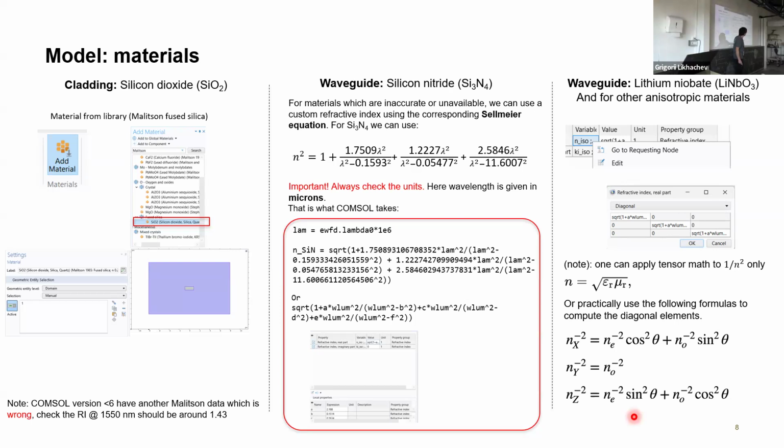So you have to apply tensor math to 1/n squared. Or, more practically, you can use a formula kindly provided by my colleagues, for the refractive index of the E wave or the O wave of the crystal that you are using, and this is how you define the XYZ components depending on the rotation angle of the crystal orientation.